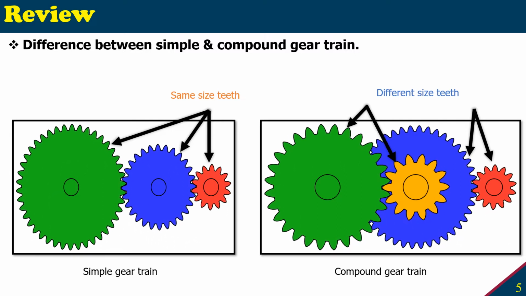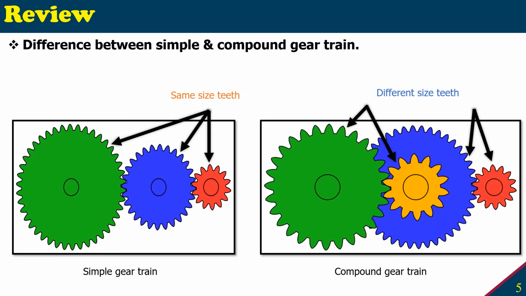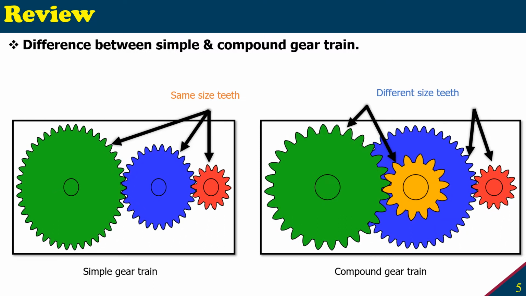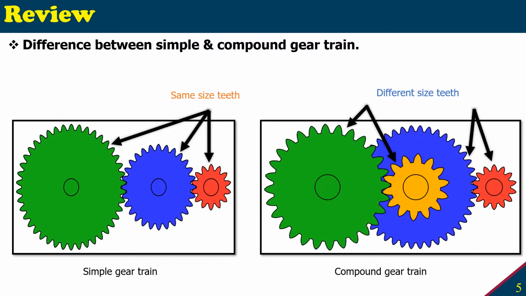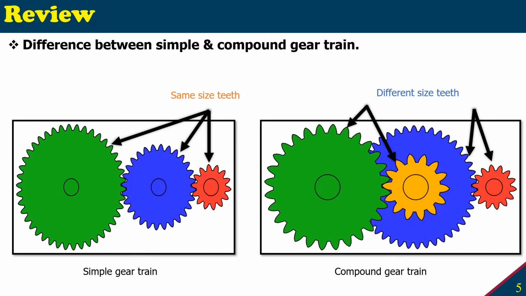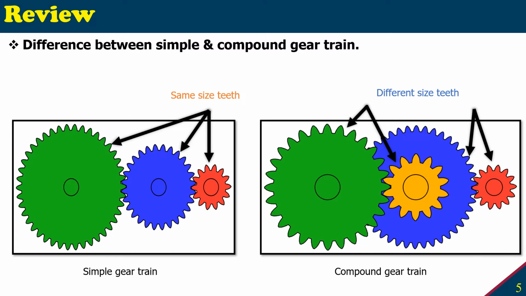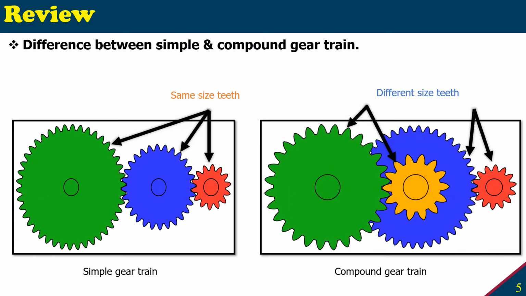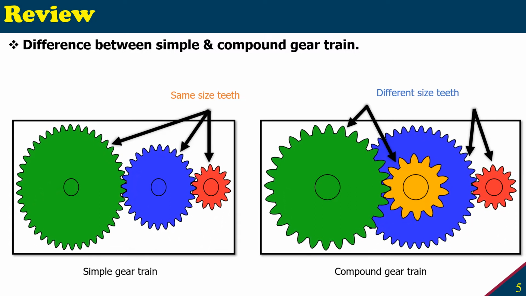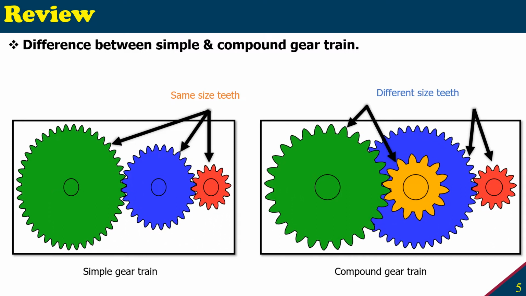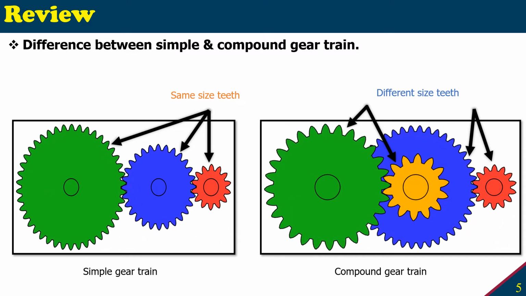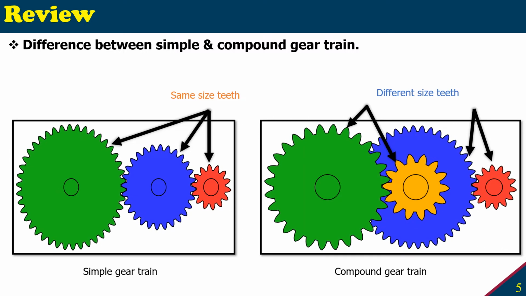So for the green to yellow, you can have different size teeth, and from blue to red, you can have different size teeth. Since blue and yellow are not mating each other, they are just on the same shaft, that facilitates that you can have different size teeth on a compound gear, but for simple gear, all the teeth have to be the same size.